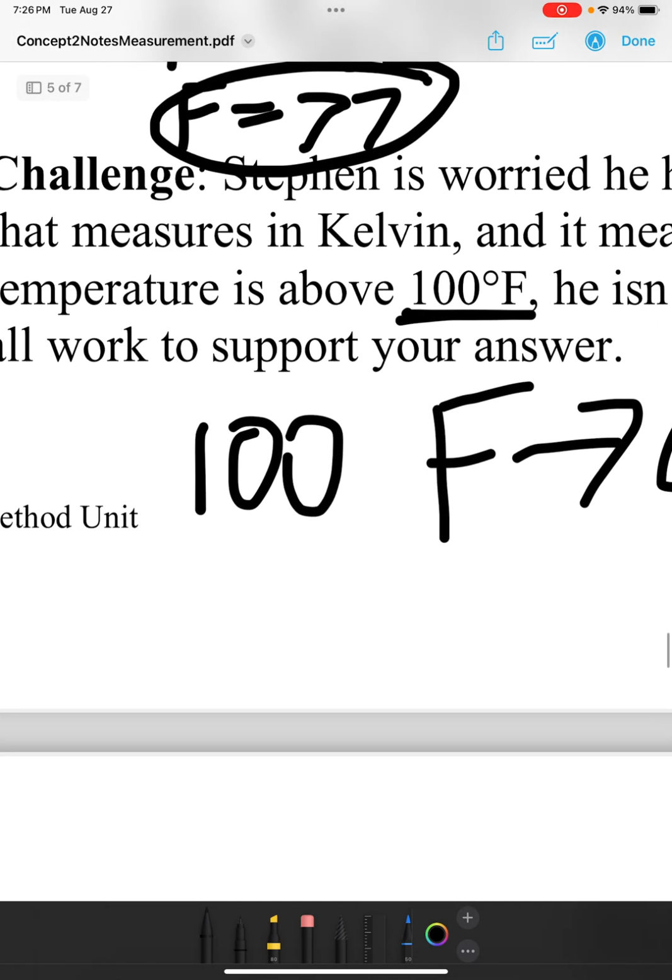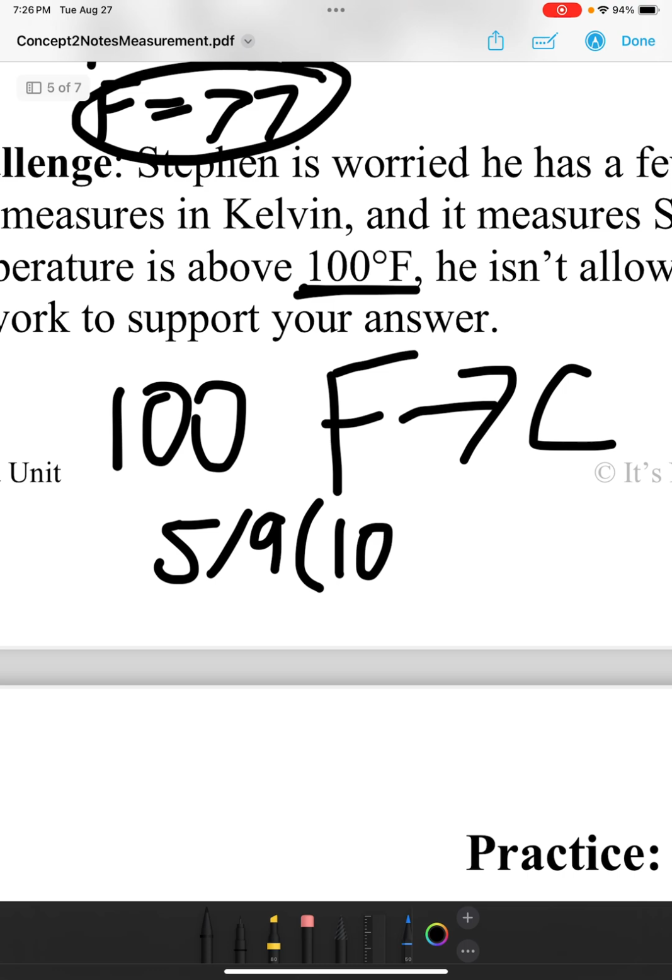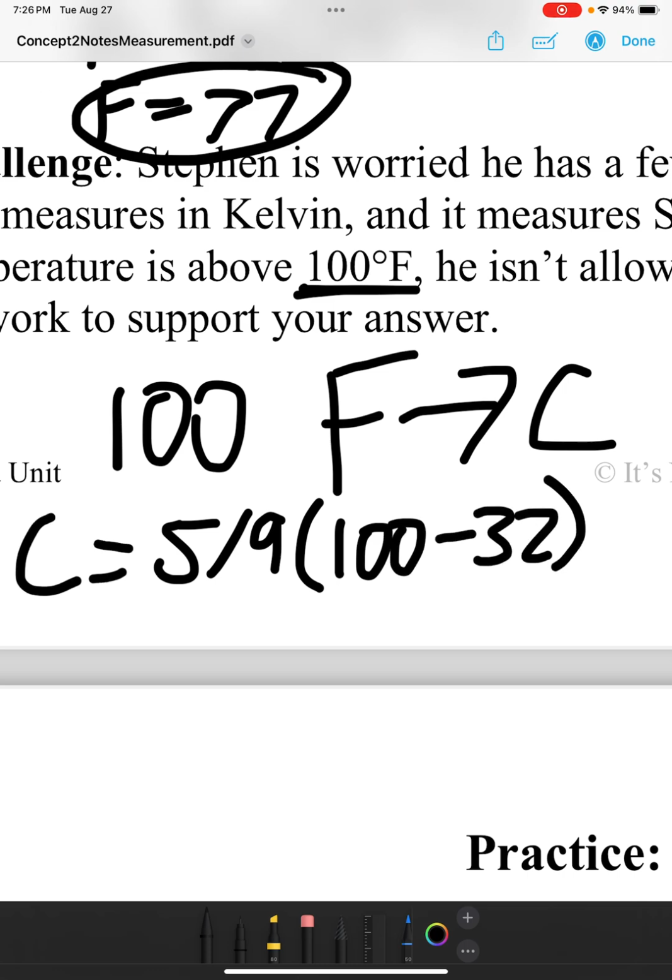I'm going to put 100 in for F, so 100 minus 32. That will get it into Celsius.